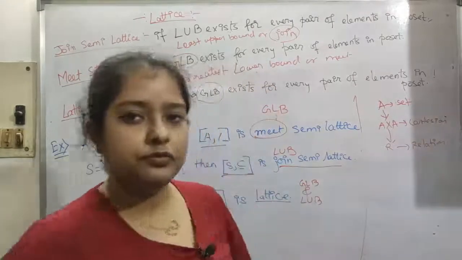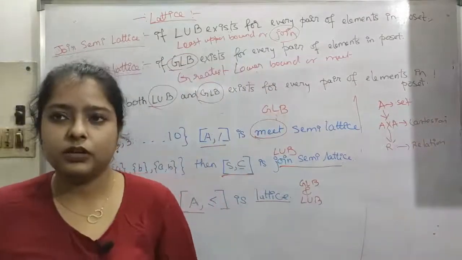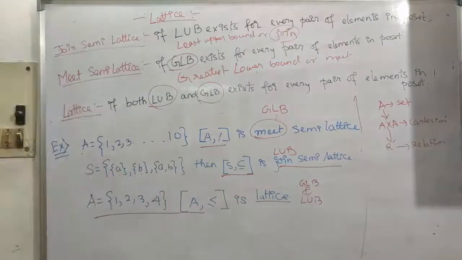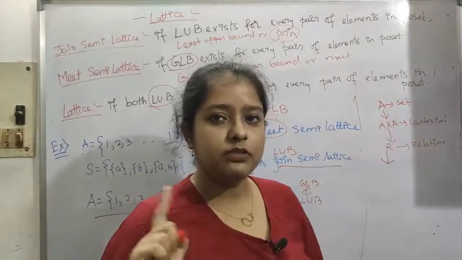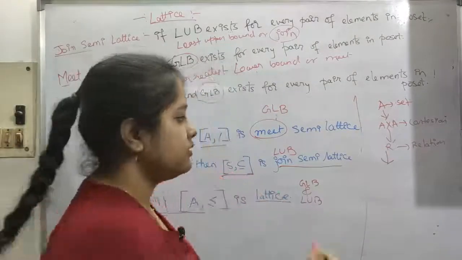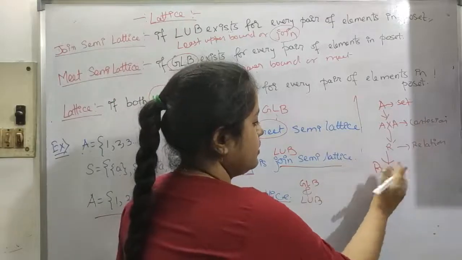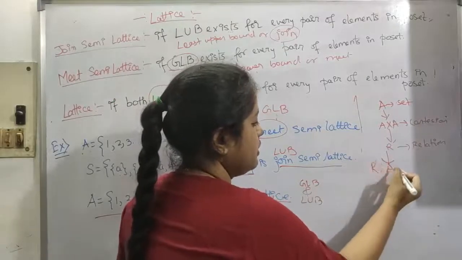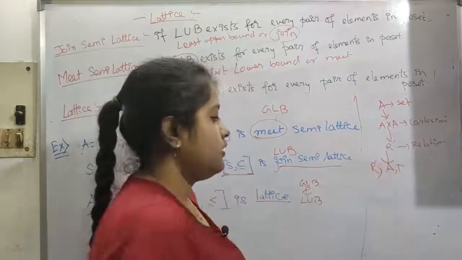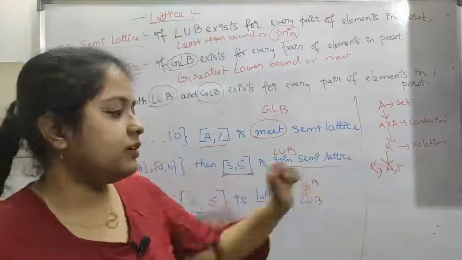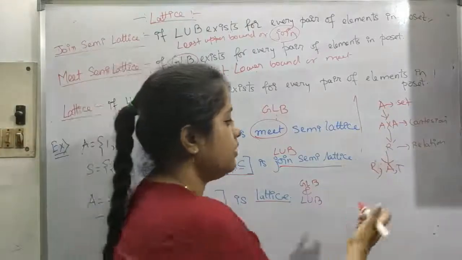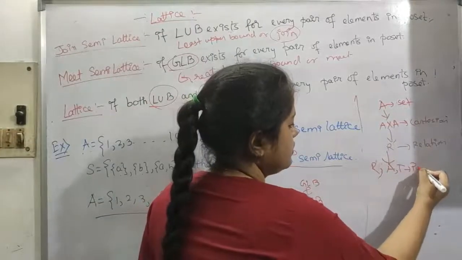Now if you remember partially ordered set, please, if you have any problem, go and watch the previous videos. This is R, A and T: R is reflexive, A is antisymmetric, T is transitive. We have already done this. This is called a partially ordered set.